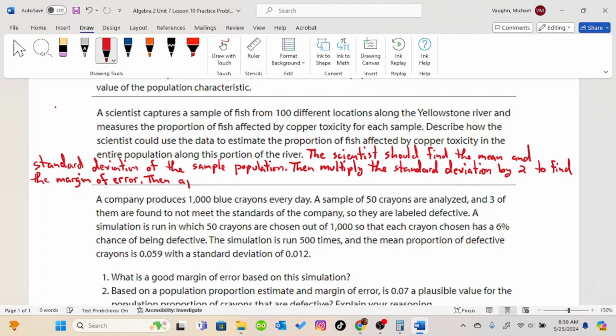Then apply this range to the entire population.